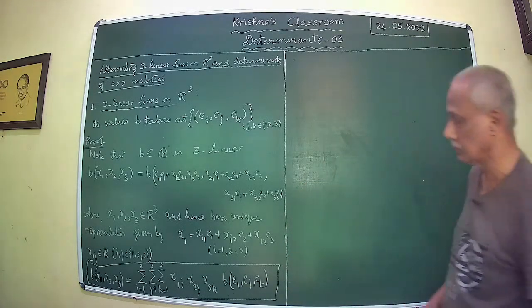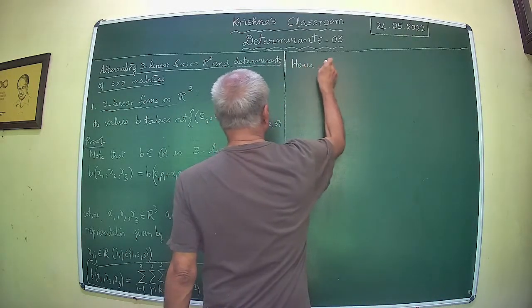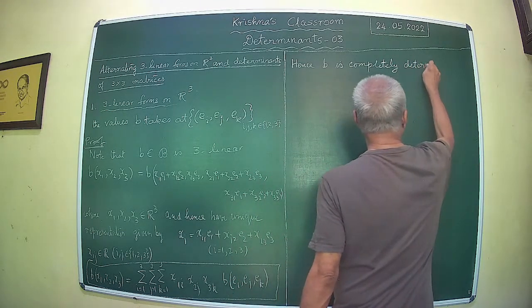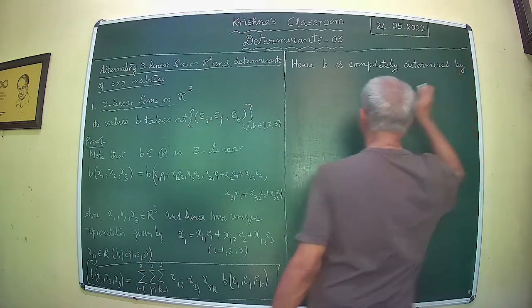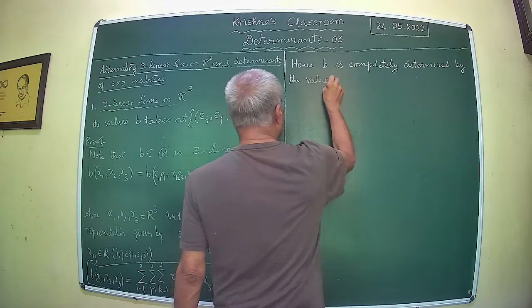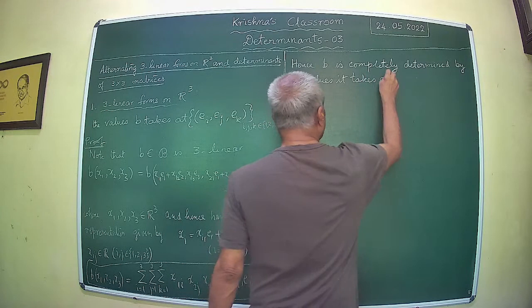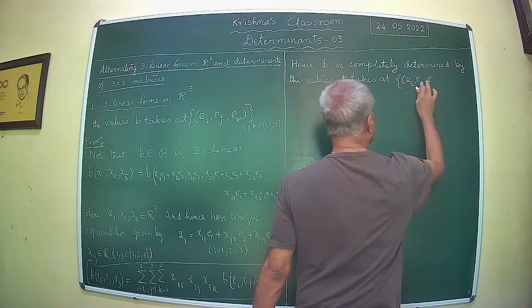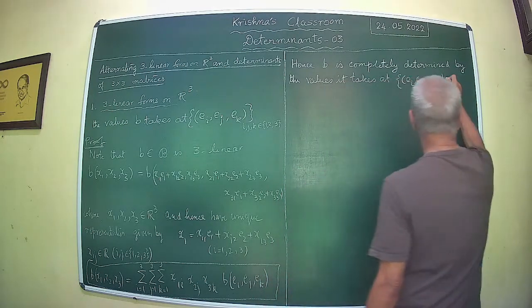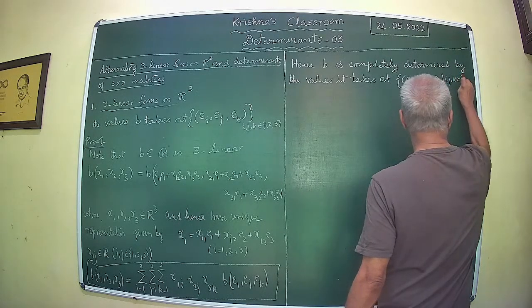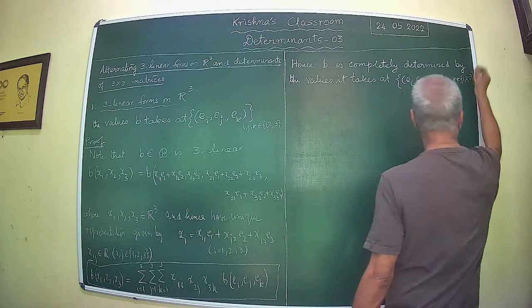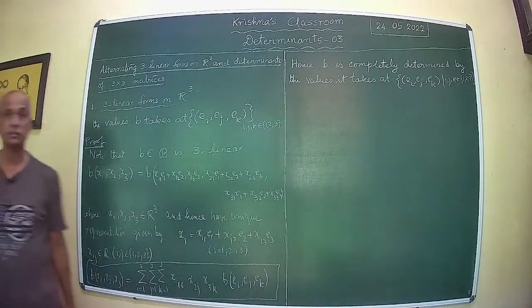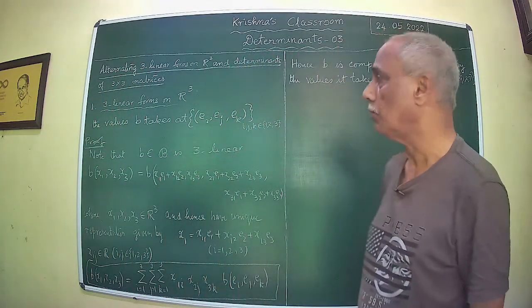Write it out. Okay. Therefore, the values at e_i, e_j, e_k, that means at 27 points, if you fix the values of B, then a unique trilinear form is defined.